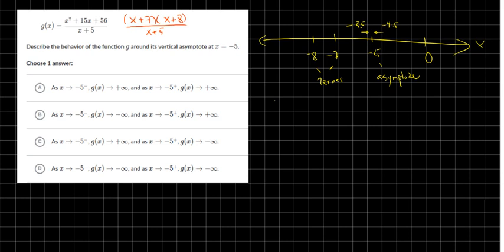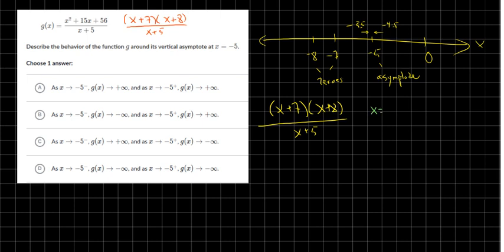So if I've got x plus 7 times x plus 8 divided by x plus 5, if x is equal to negative 5.5, let me change that color. And let's do these in different colors so I don't have to rewrite everything.